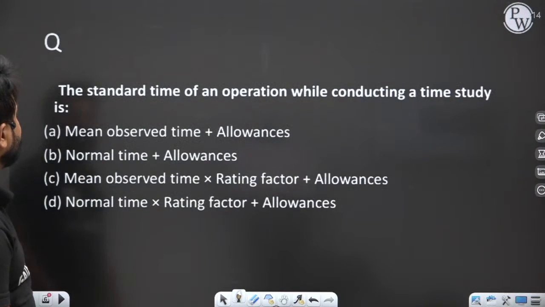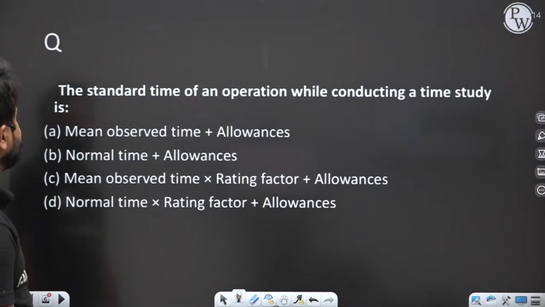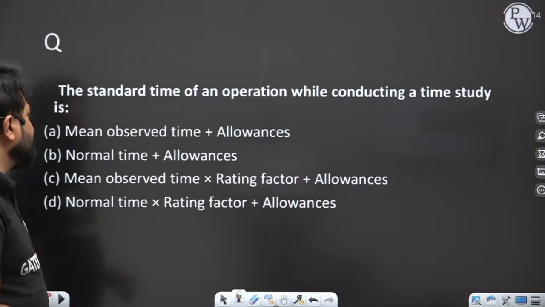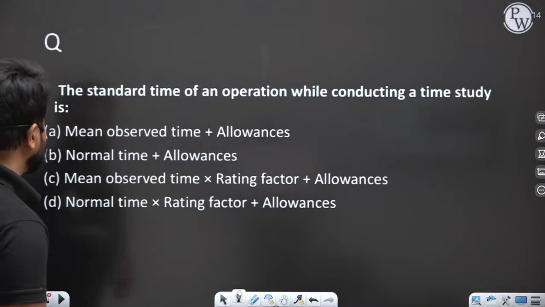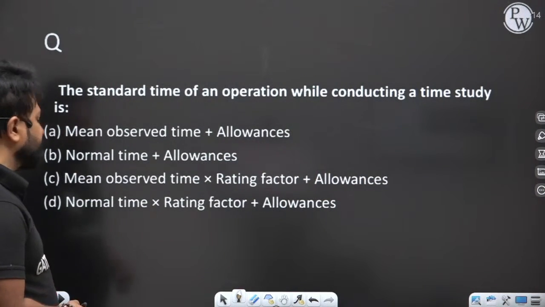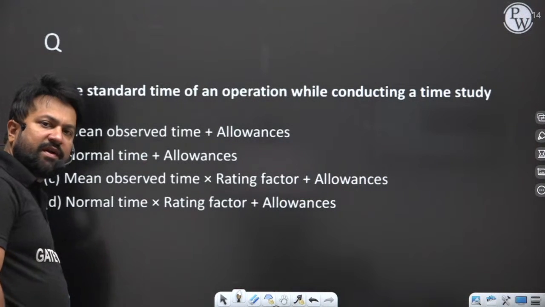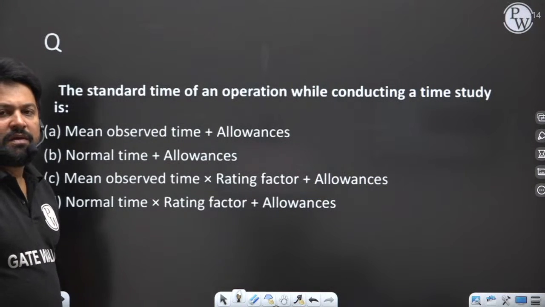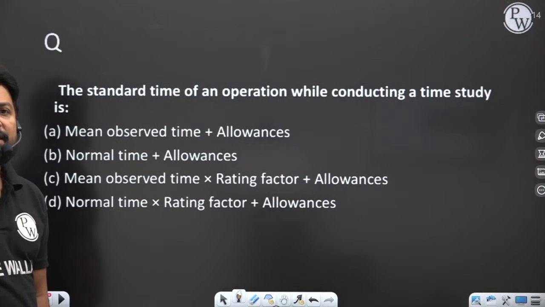Next question. The standard time of an operation while conducting a time study is... What is the standard time? You have seen the formula of standard time recently.